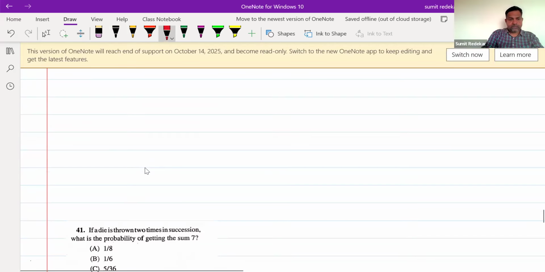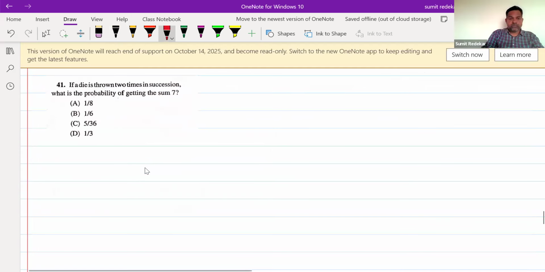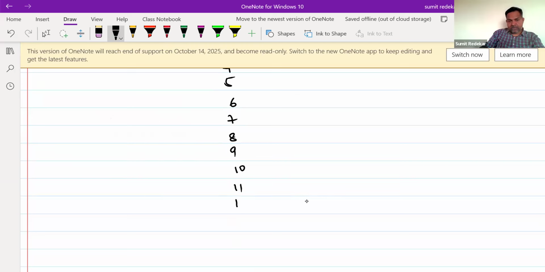That is 40. Moving on to question number 41. If 2 dice are thrown, or a die is thrown 2 times successively, it is the same; throwing one die twice or two dice once, both are the same. What is the probability of getting a sum of 7? We made the frequency distribution of the sum: 2, 3, 4, 5, 6, 7, 8, 9, 10, 11 and 12.